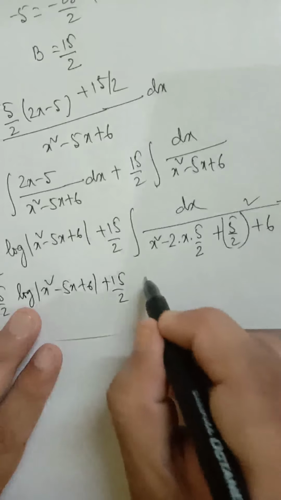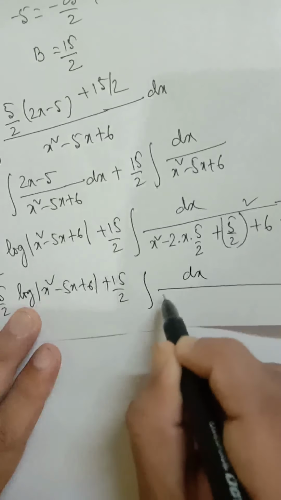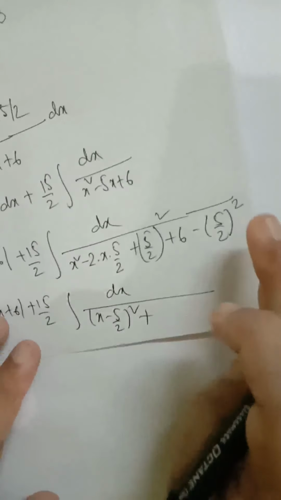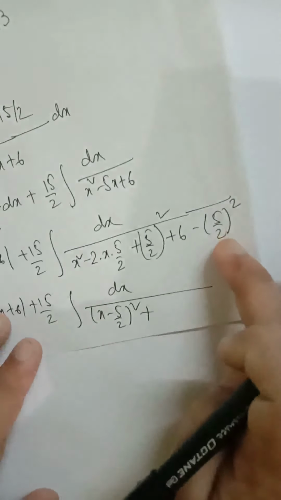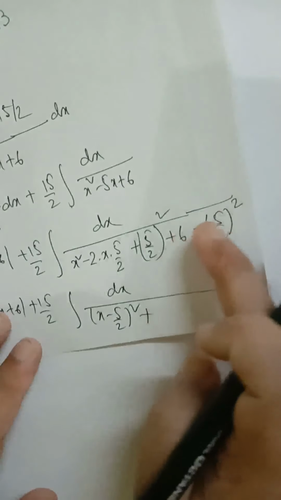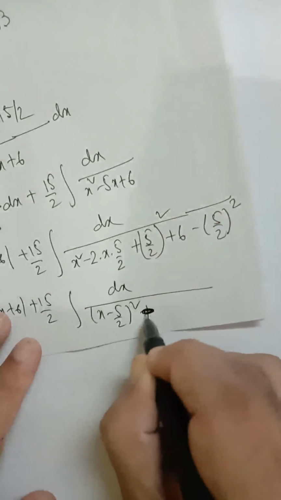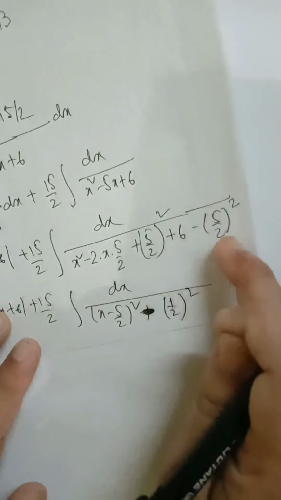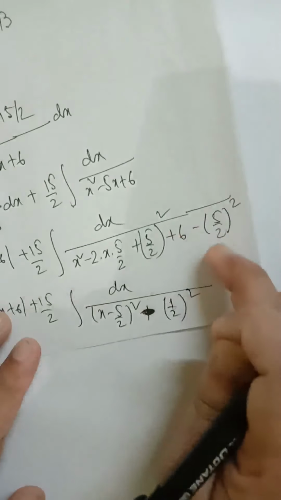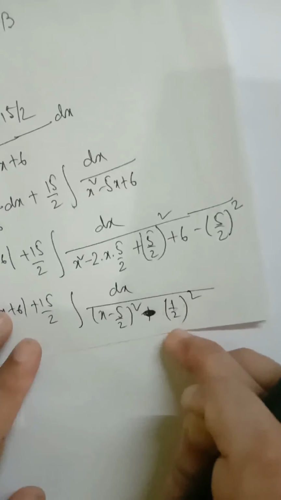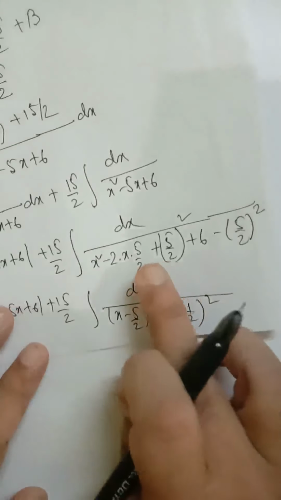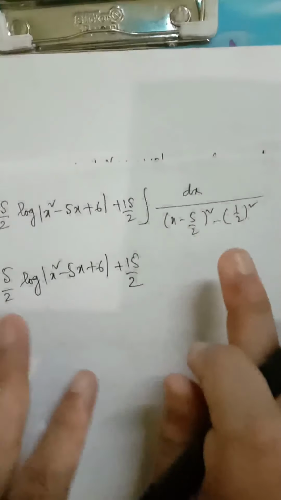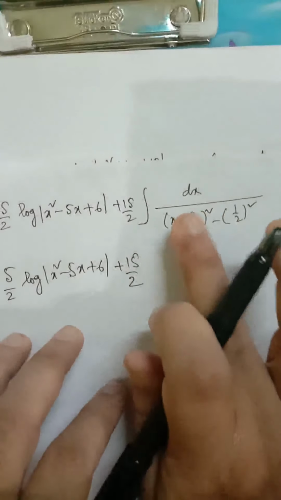Now this equal to, we can write dx by x minus 5 by 2 whole square plus 6 minus 25 by 4. So if we simplify, 6 minus 25 by 4 will be minus of 1 by 4, that is minus of half square. Now we have to integrate. This is of the form dx by x square minus a square.